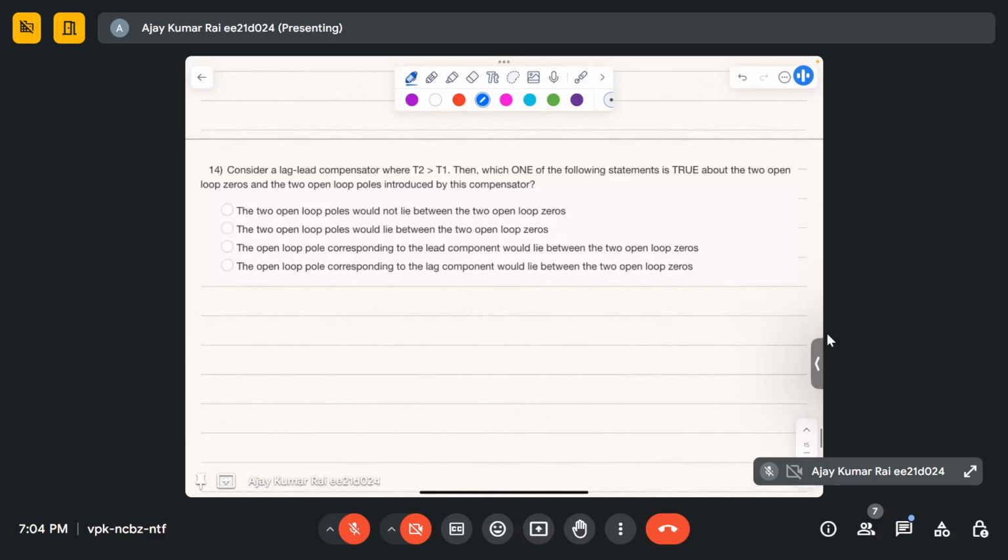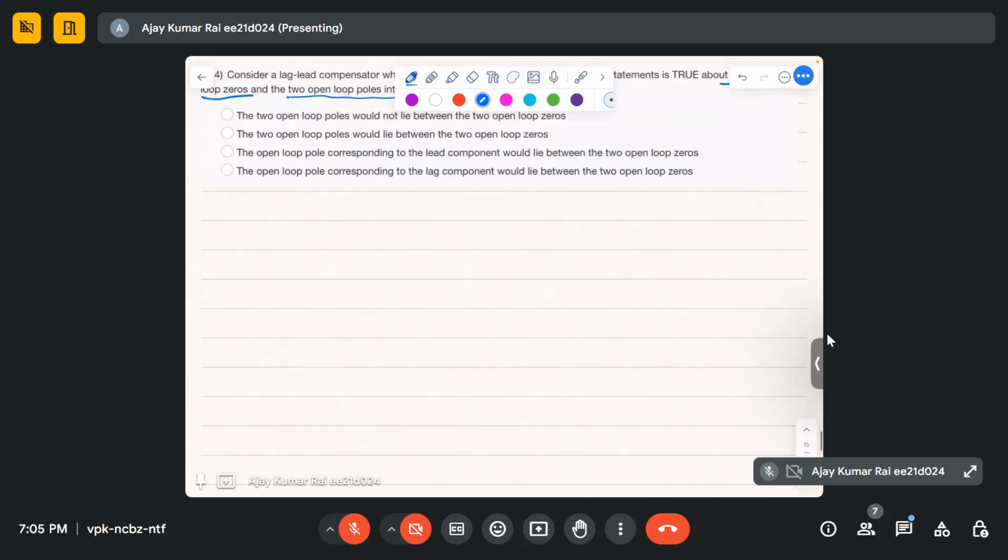So 14, consider a lag lead compensator where T2 is greater than T1. Then which one of the following statements is true about the two open loop zeros and two open loop poles? Let me just draw the Bode plot. You tell me which one is correct.